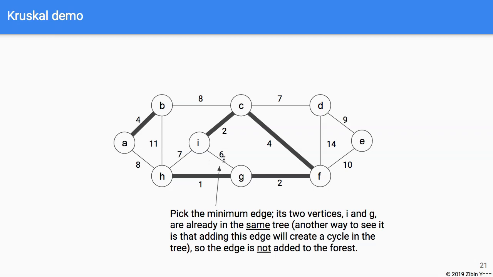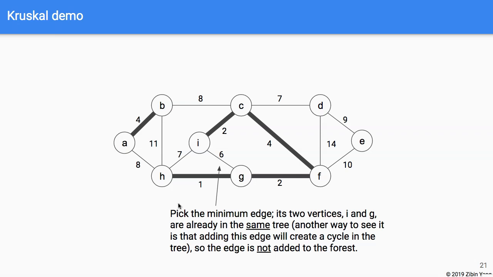This is not an edge that we need to use in the minimum spanning tree. Another way to look at it is that if we add this edge to the forest, then we will actually form a cycle, which, as we know, should not be part of a minimum spanning tree.